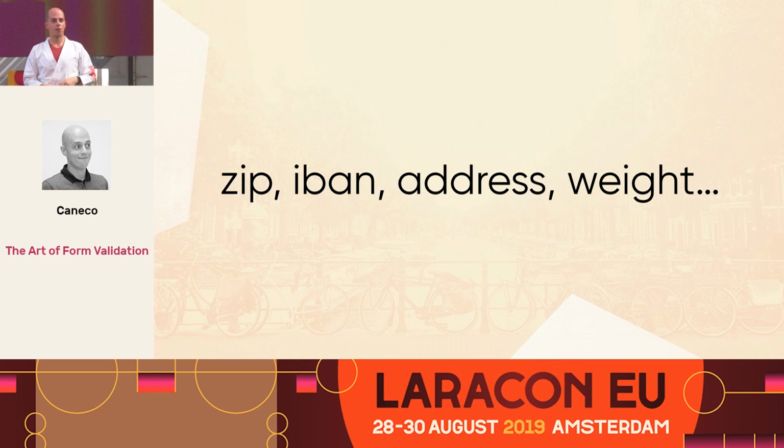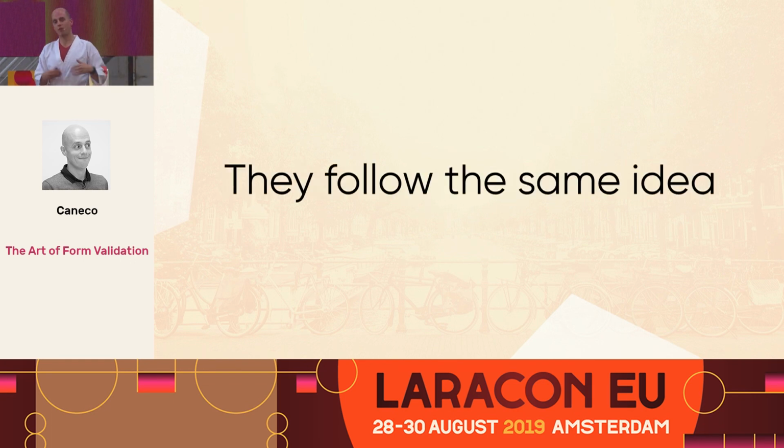And this could be done for zips, for even numbers, for addresses, or for checking the weight, whatever. So pretty much, they all follow the same idea of how to handle things using vee-validate and v-mask. I'm not going to follow every example, because it also depends on your use cases in your application, but they all follow the same idea.